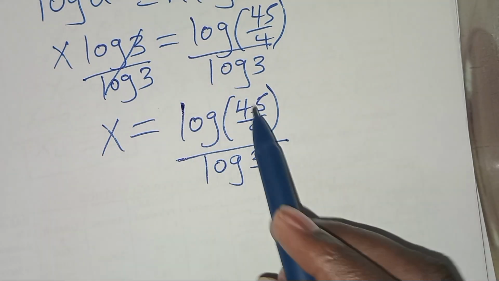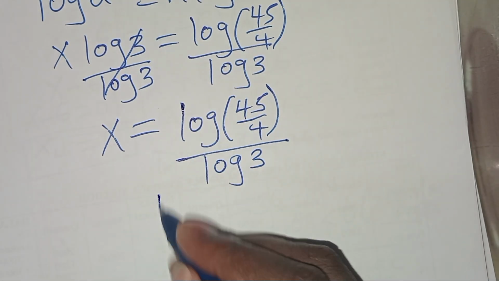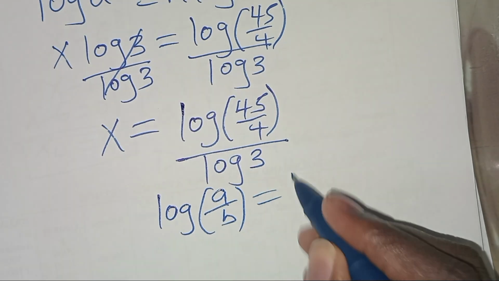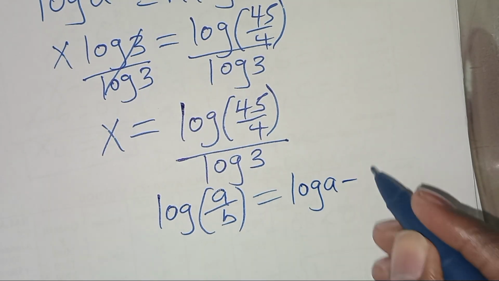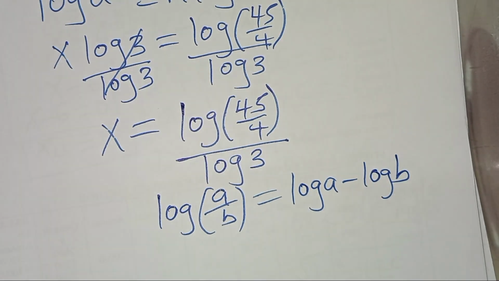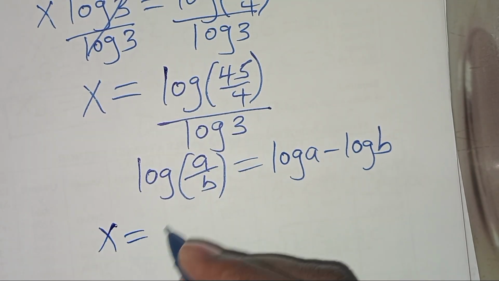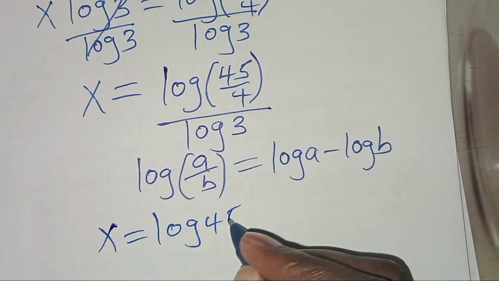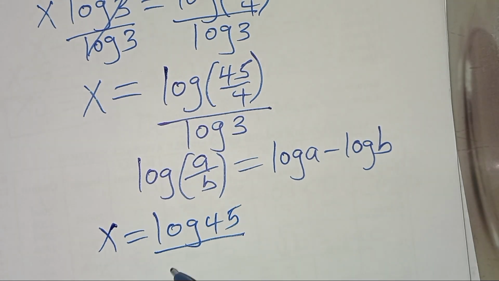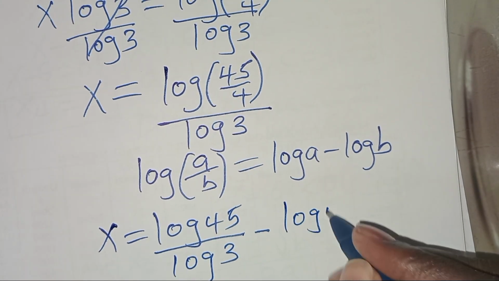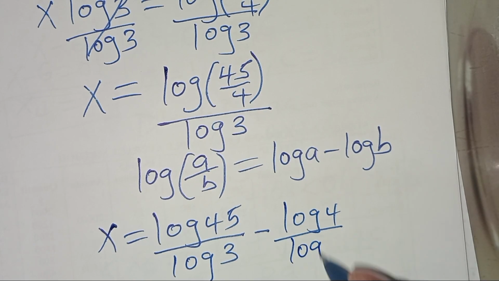Now you find that log 45 divided by 4 is in the form of log a divided by b, which we can express as log a subtract log b. Now applying this property, we'll have x equal to log 45 divided by log 3 subtract log 4 divided by log 3.